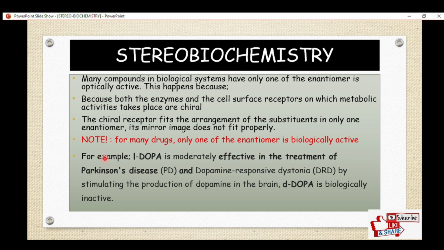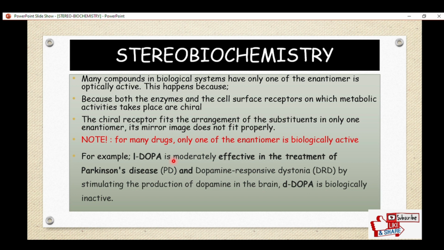So for example, we have a disease we call Parkinson's disease. It is a disease of the brain, and when you get it, you suffer from shivering and all kinds of problems, and you can't reason well. So it's a very deadly disease, and for Parkinson's disease we have a drug called dopamine.